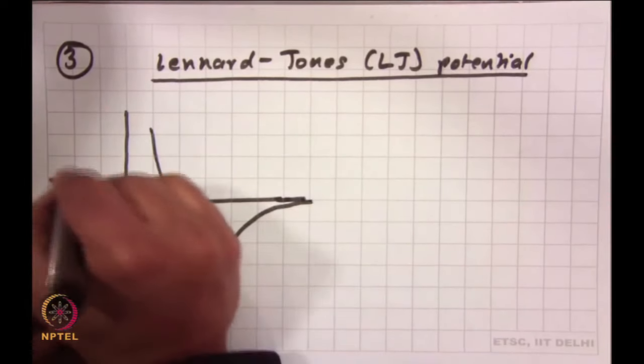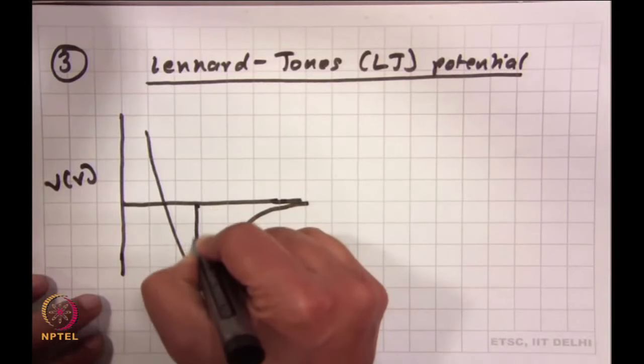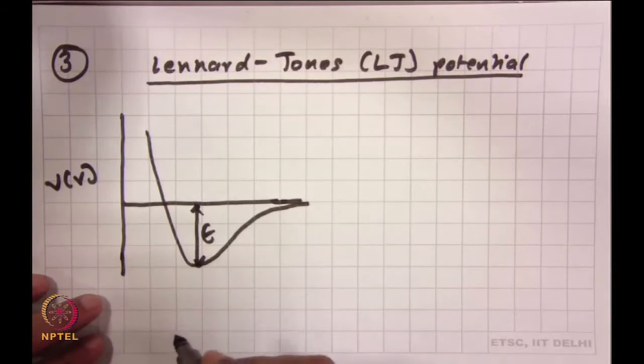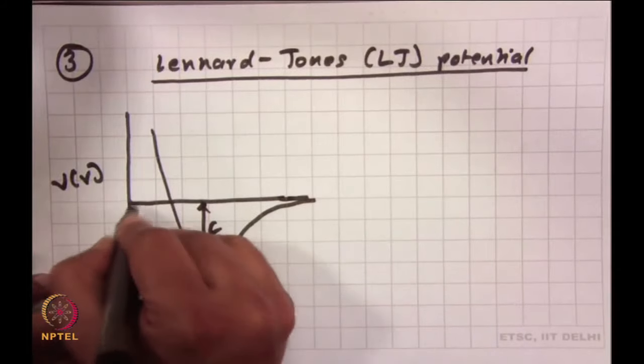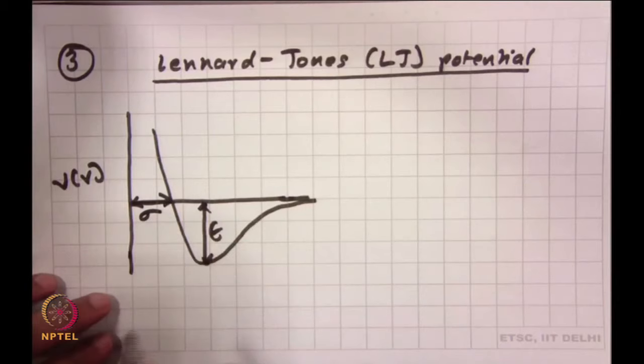It goes something like this. I have V of r, right. This well depth again is epsilon, right, and this one from here to here, this one is sigma, okay.